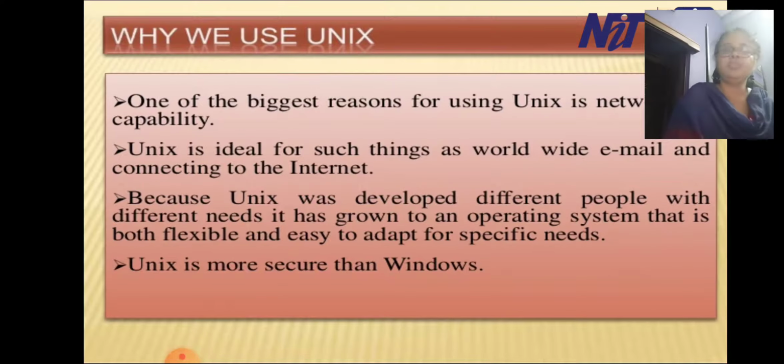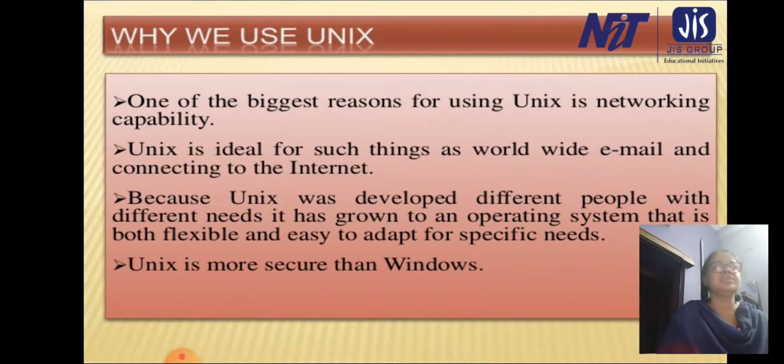Why we use Unix? One of the biggest reasons for Unix is networking capacity. The networking capability of Unix is a very strong feature. Unix is ideal for such things as worldwide email and connecting to the internet.